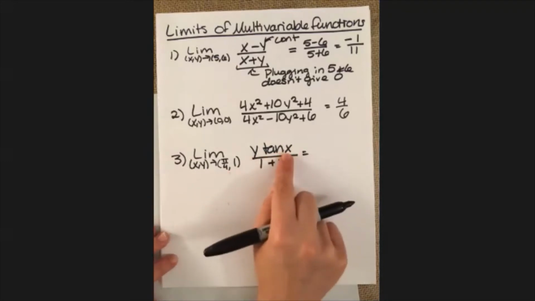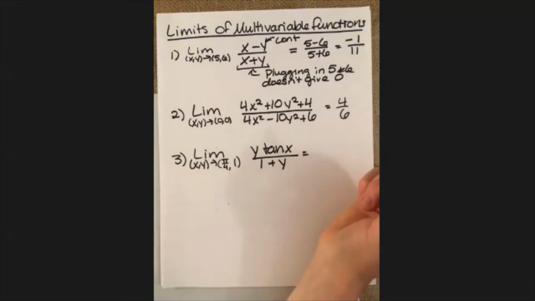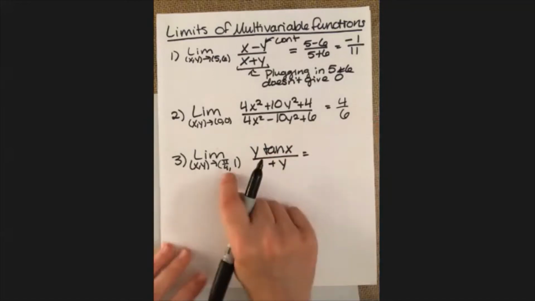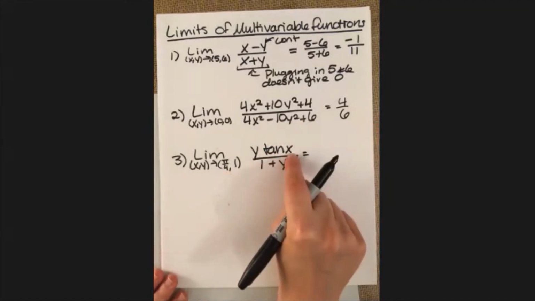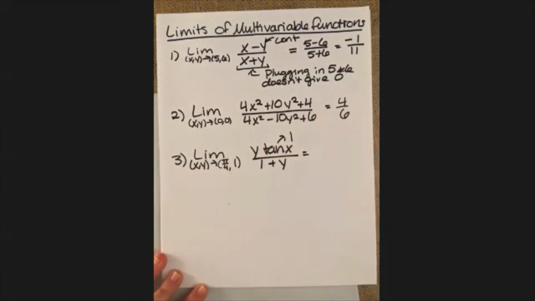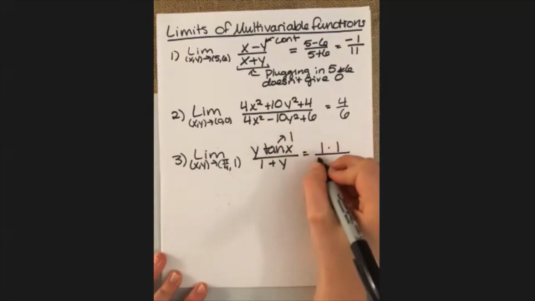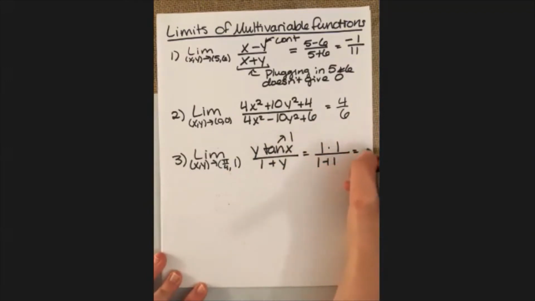And the other thing we have to watch out for is that tangent is discontinuous at certain values. But if we plug in pi over 4, that's not one of those values. Tangent of x at pi over 4 is just equal to 1. So we can plug everything in directly. We get 1 times 1 over 1 plus 1, which is just equal to 1/2.